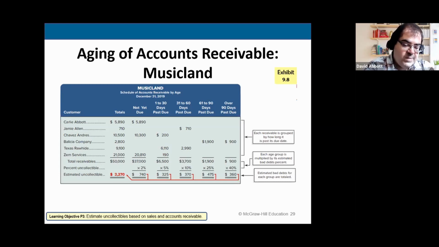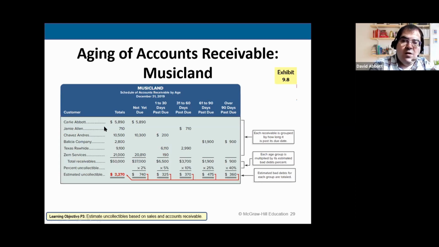Its management estimated that 10% of that amount of the aging class are uncollectible, or that would be a total of $370. So $3,700 times 10%. Similar analysis is done for each of the 4 classes. And so we see then that the final total of $2,270 is shown in the first column of the estimated balance of allowance for doubtful accounts.